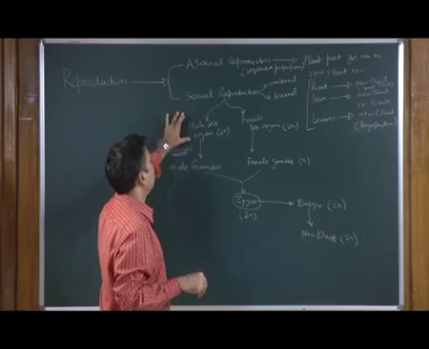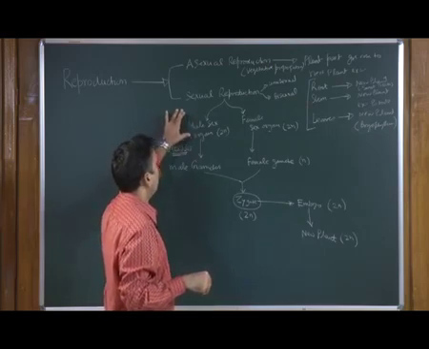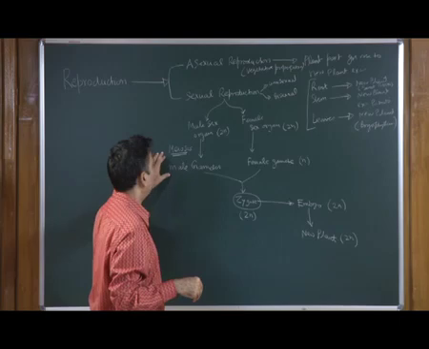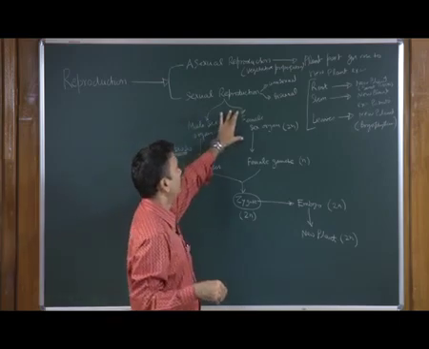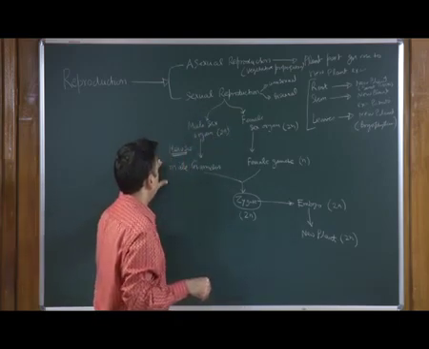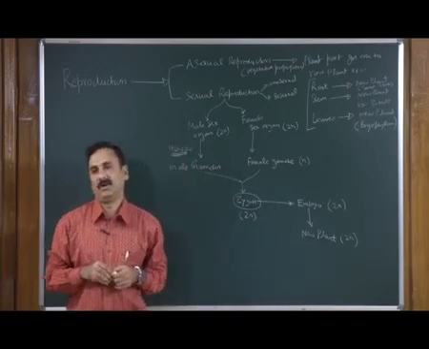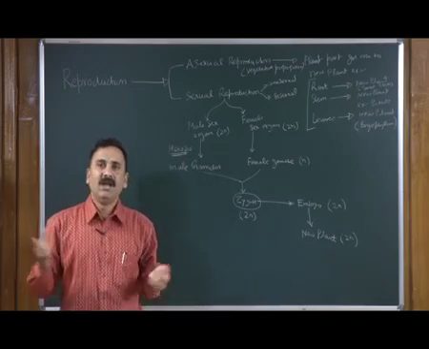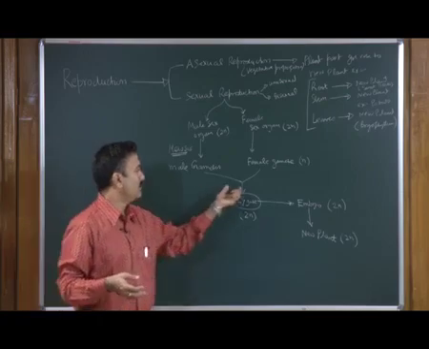So, what you can see is that in this kind of sexual reproduction mode, first of all you need very specialized organs. One is the male sex organ, the other is the female sex organ. The male sex organ produces the male gametes, and the female sex organ produces the female gametes, and then these two gametes fuse.